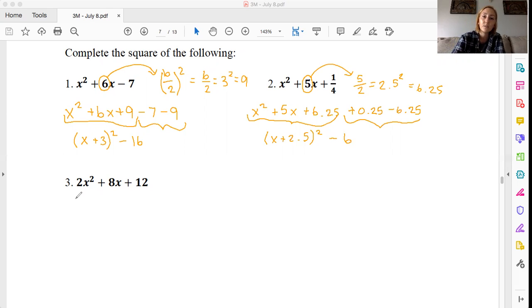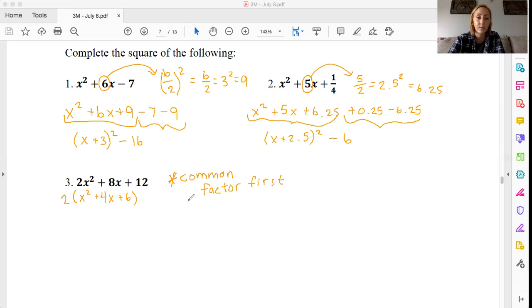Just keep in mind too that you do find the common factor first. Okay, no matter what, always common factor first. So here, this guy has 2. That's a common factor. So x squared plus 4x plus 6.